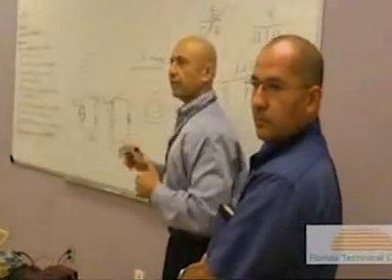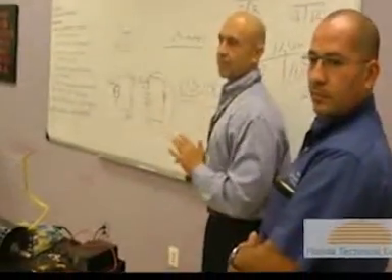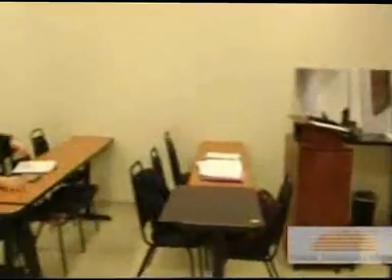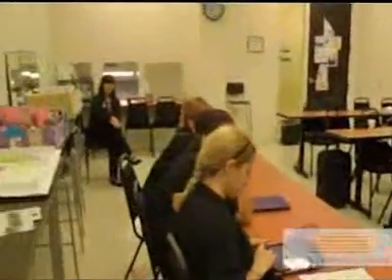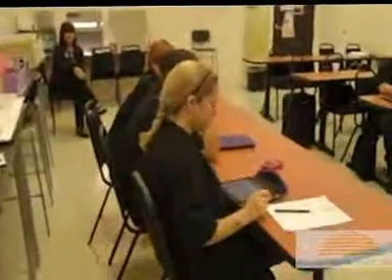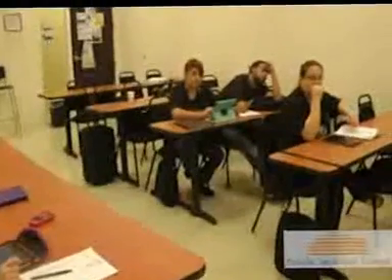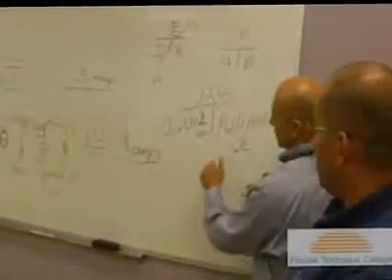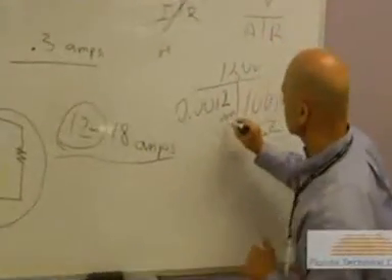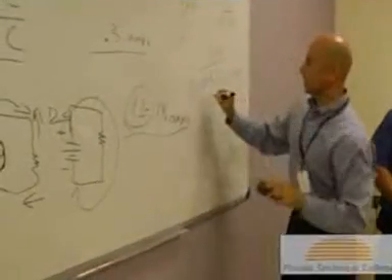Take 120 divided by 100,000. You're getting involved in math. It's 0.0012 amps. This is why people won't get hurt, because of the natural resistance that your body has.